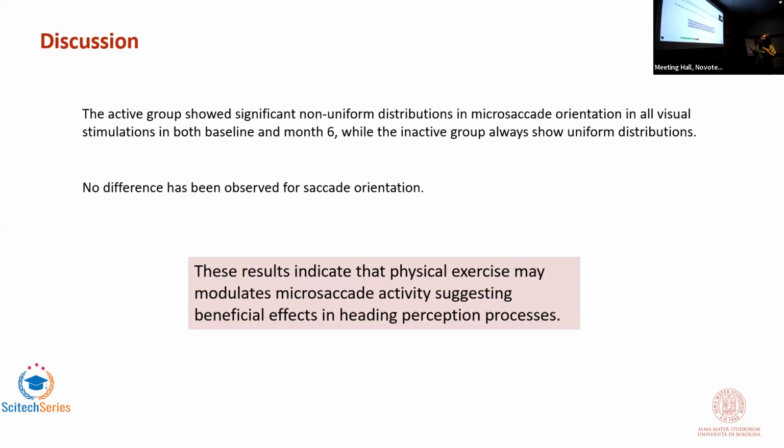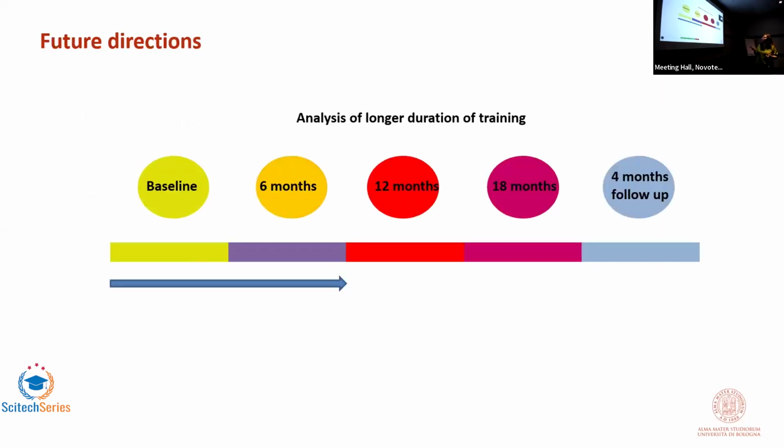Our future direction is to analyze data from the 18 months of the physical activity program and the 18 months plus 4 months of follow-up, because these are longer projects than the baseline and 6 months I presented today, but we are still working in progress.